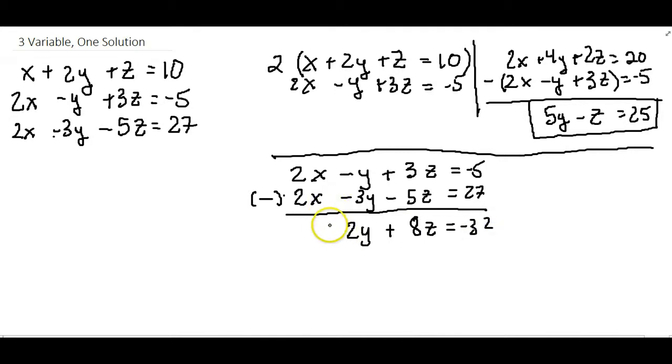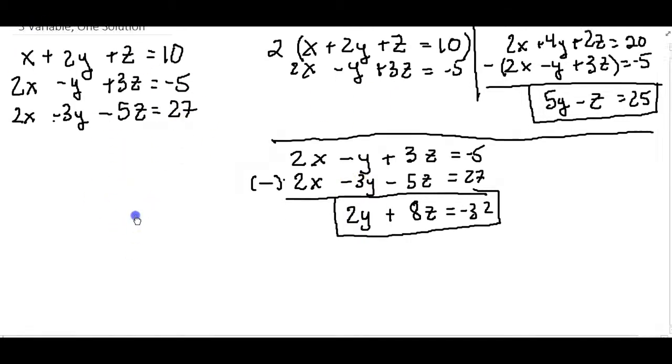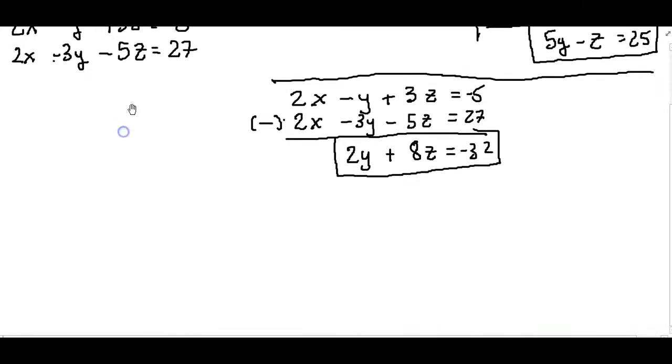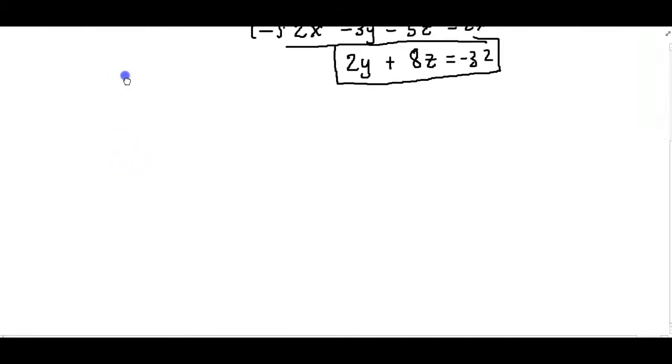Okay, so now we have eliminated our x value in regards to all three equations, because we've used all three equations, and that's really important to remember. So we then solve the two new systems of equations, and we can eliminate another variable. So let's just move down a little bit and see what our two new equations are.